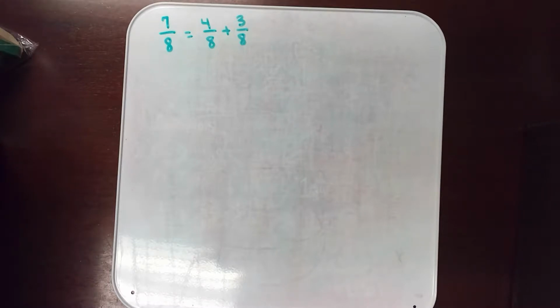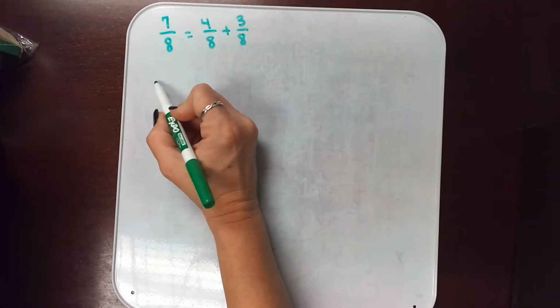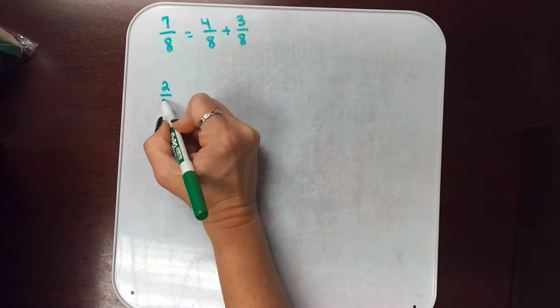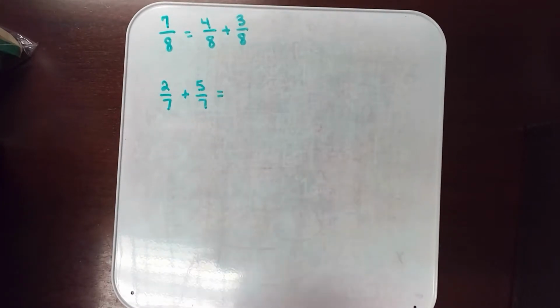So on the first day, we can give students problems such as 2/7 plus 5/7. And before we actually solve that, I'm going to ask students to think about, if I was estimating the sum of these two fractions, am I going to have a sum that is closer to 0, closer to a half, or closer to a whole?